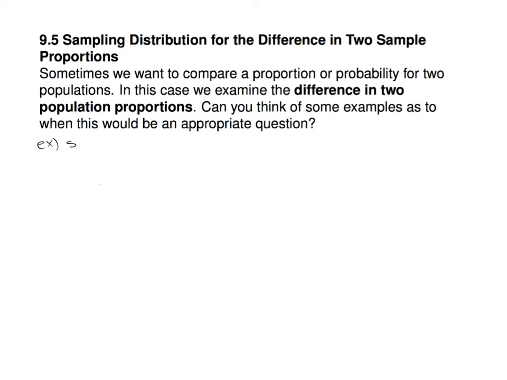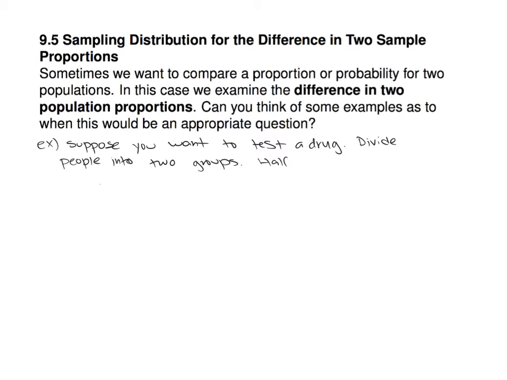So one example: suppose you want to test the efficacy of a drug. So you divide volunteers or people into two groups. Half gets the placebo, half gets the real drug.